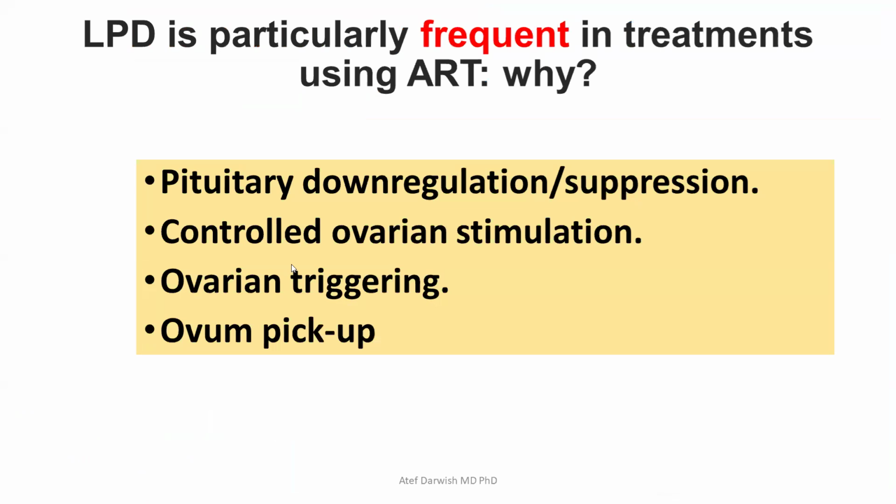This may be due to the four steps of the IVF, which are pituitary downregulation in cases of long agonist protocol, or pituitary suppression in cases of antagonist protocol, controlled ovarian stimulation, ovarian triggering, and ovum pickup. So every step of the IVF ICSI can lead to luteal phase defect.